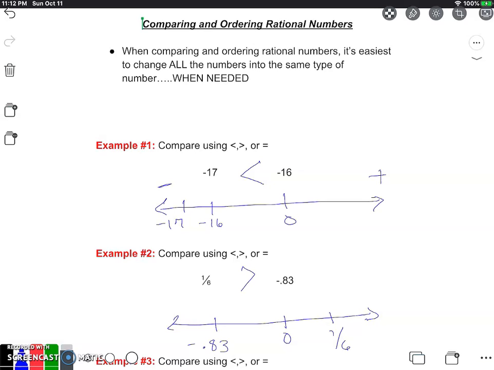I don't have to convert 1/6 just yet, because if you remember, analyze your problem first. Work smarter, not harder. There are a lot of times where you can look at a problem and identify the answer without even working anything out. Because I have a positive and a negative number, my positive number is going to be the biggest. So let's move on.